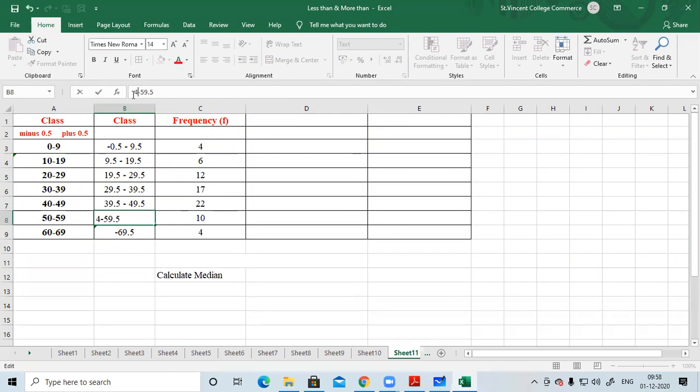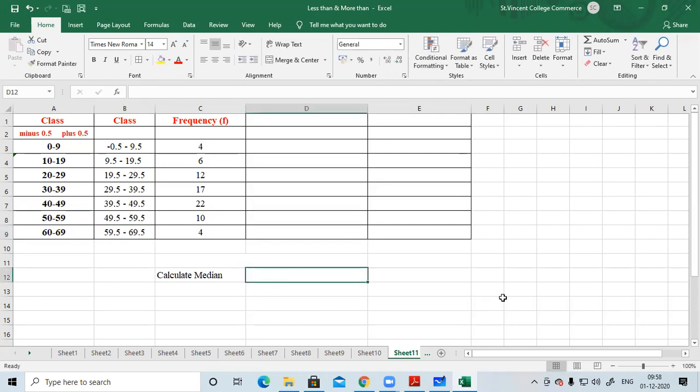So it is 49.5 to 59.5. The above class on the right hand side is 59.5 to 69.5. This is a shortcut. If you don't understand the shortcut, you can simply stick to the basic of minus 0.5, plus 0.5.